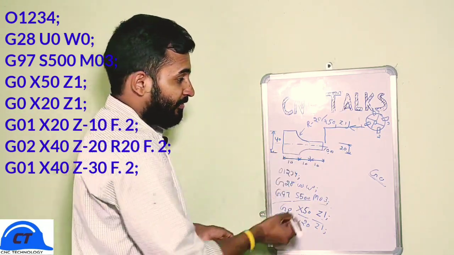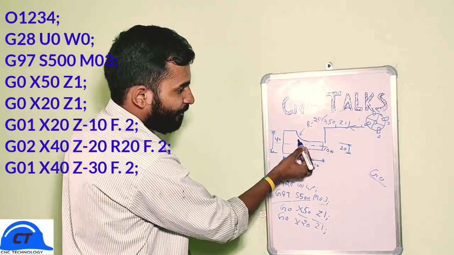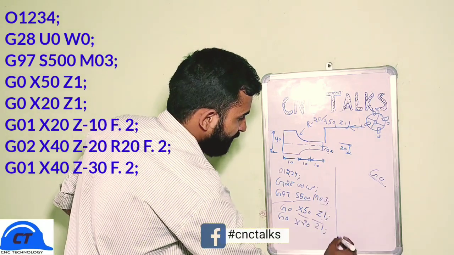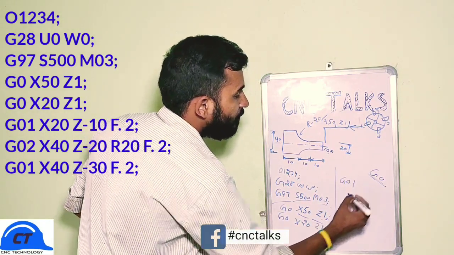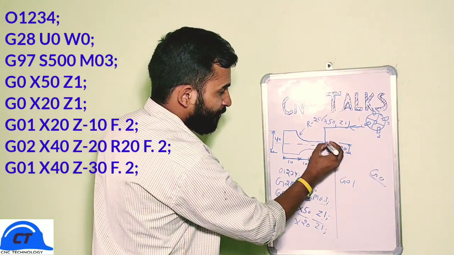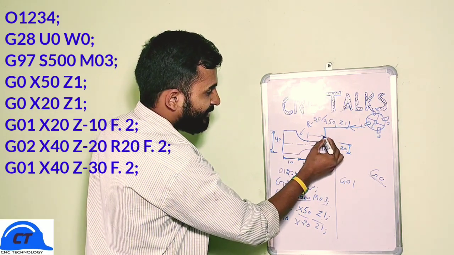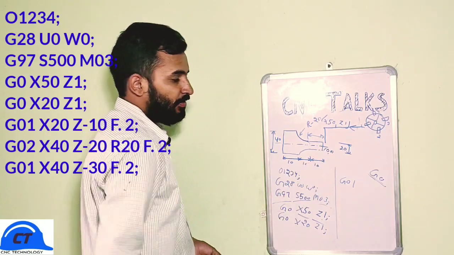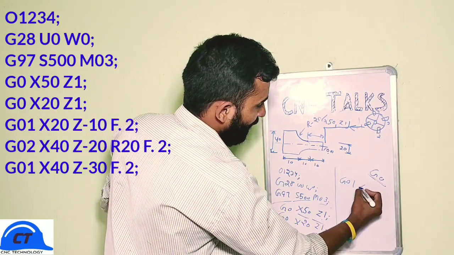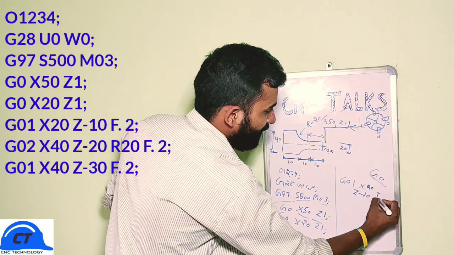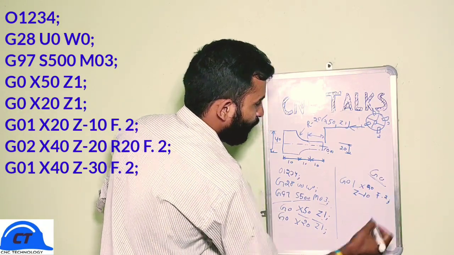Now this is the point after which our cutting will start. So after here we can use G01 from this position to this point. Since the distance in Z axis is 10 mm, we'll give G01, X20, Z minus 10 with a feed rate of 0.2.